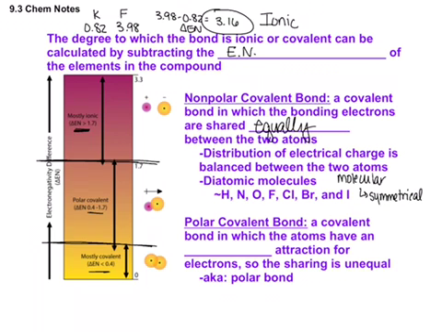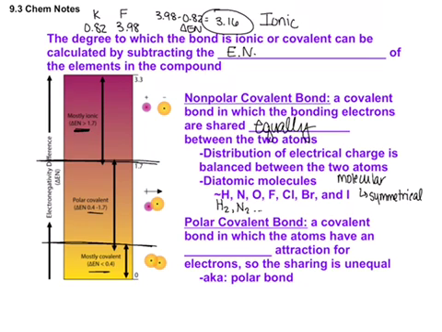This happens with our diatomic molecules like H2, N2, O2, etc. They have an even distribution of their electrons, and so they produce a very symmetrical molecule.